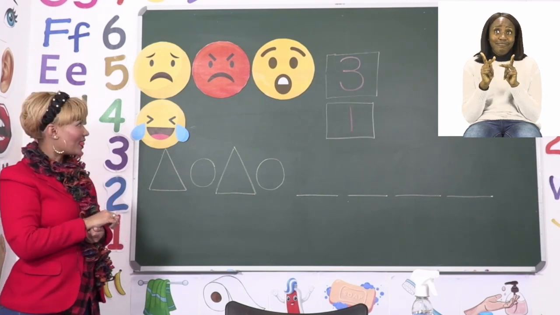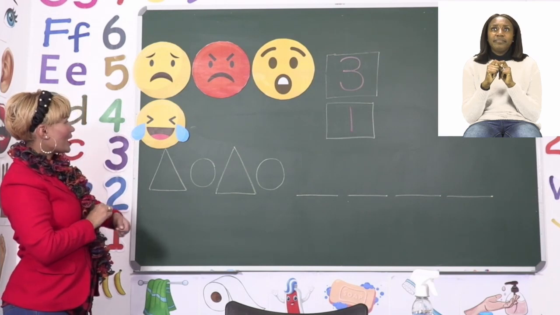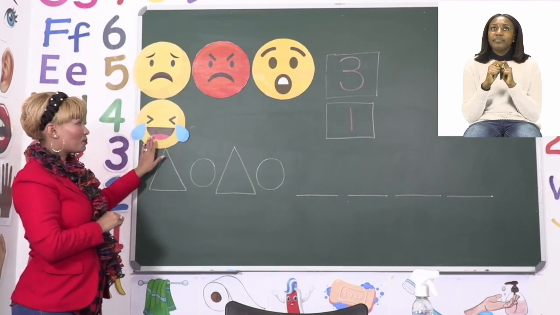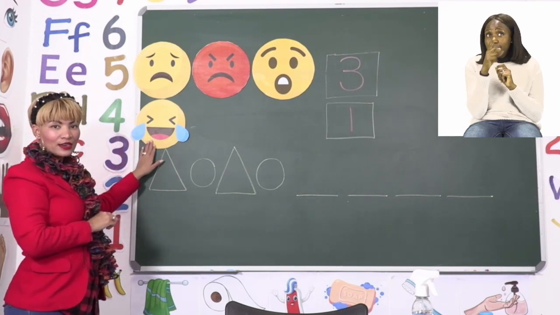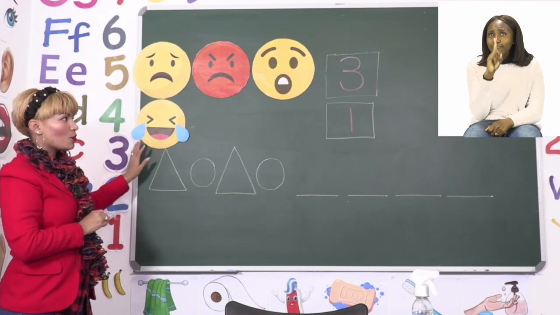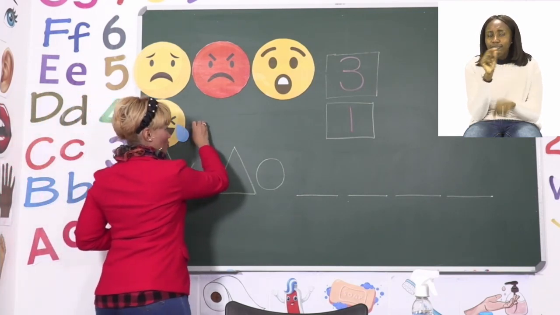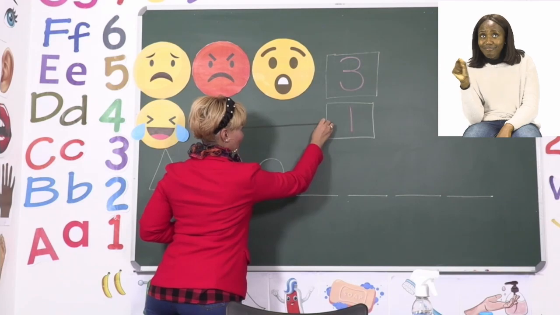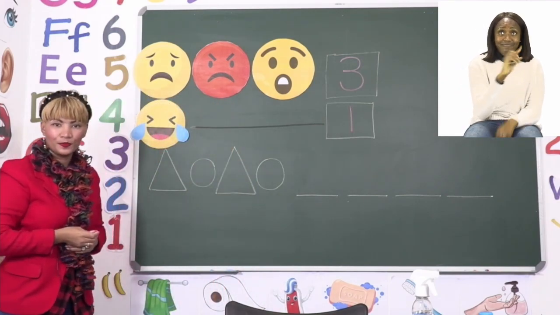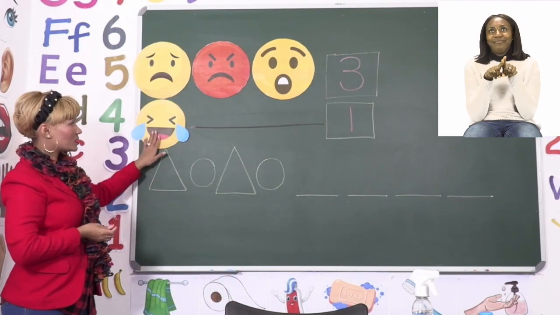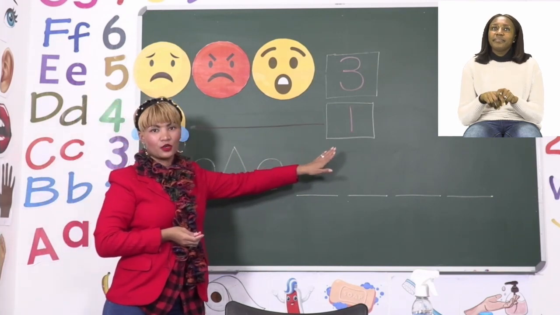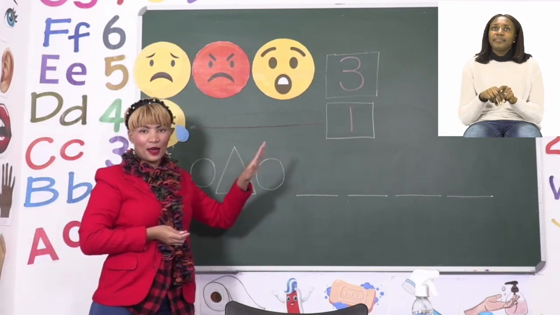Okay, now let's see. If we have to match this picture with the right number, we are just going to draw a straight line. Good job. So this picture matches with this number.